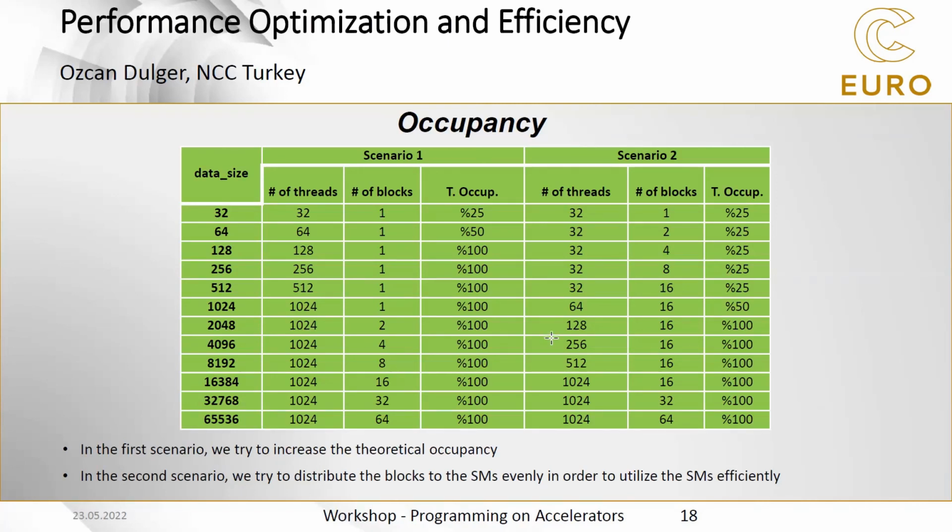And you took two scenarios: one where you increase the number of threads, reaching the maximum 100% occupancy, versus where you increase the block size. My question is, does it matter if I choose scenario one over the other? Does it really matter? Like I can have a lower number of, for example, one block, but I have 500, depending on the data size you have. Can you please comment on that?